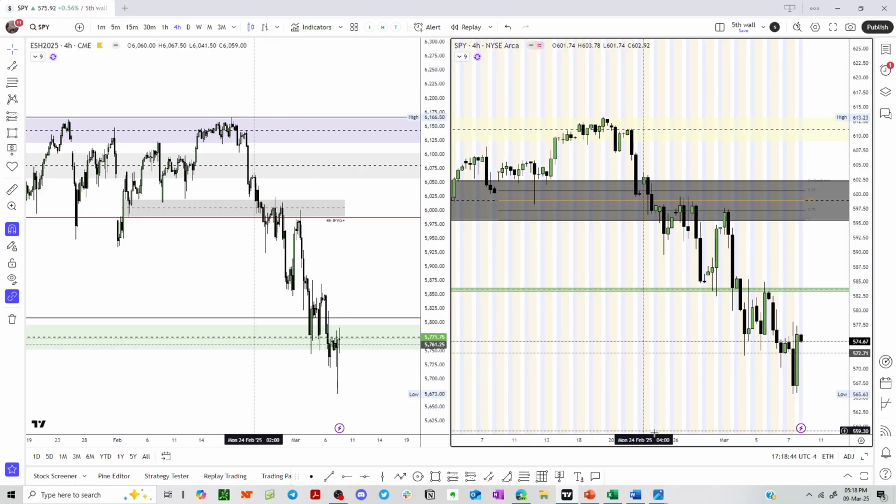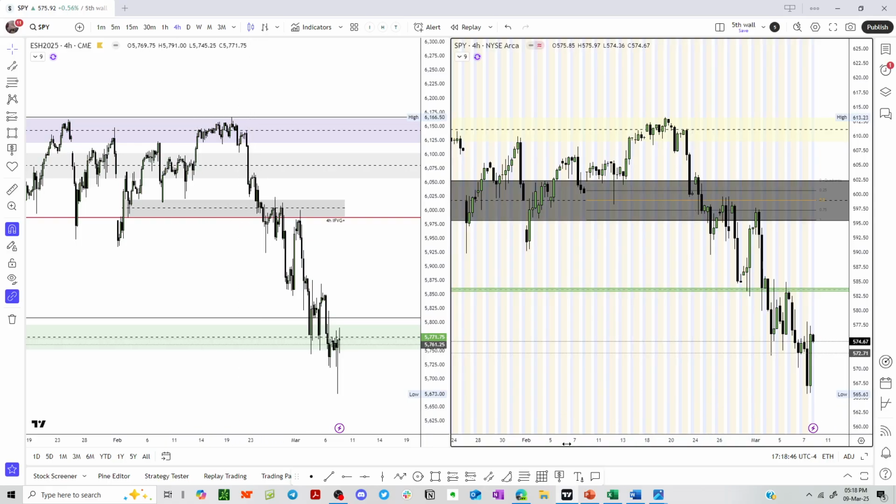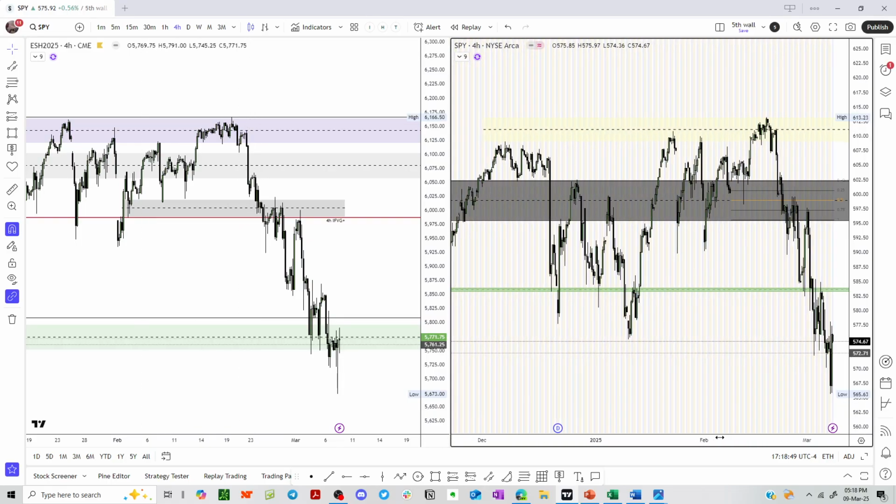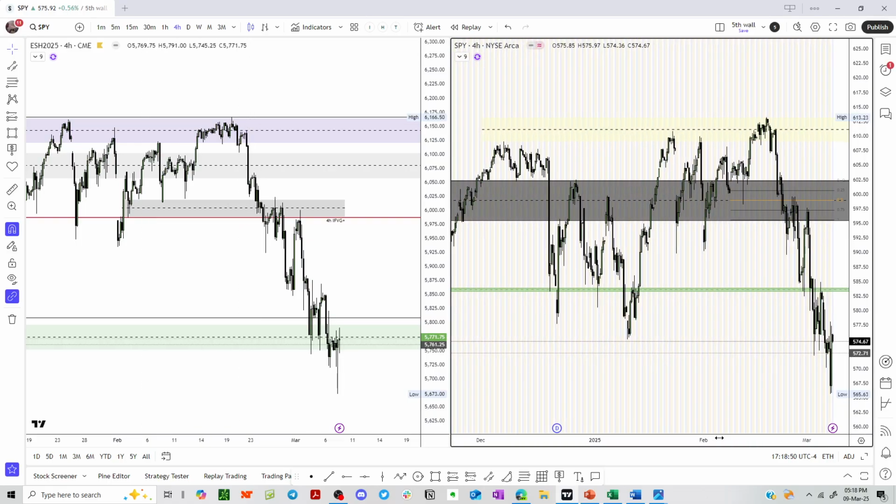So again, like I mentioned previously, it's not necessarily putting everything that you see on the chart onto the chart. It's more so whatever your PD array or PD arrays are, that you stick to those.